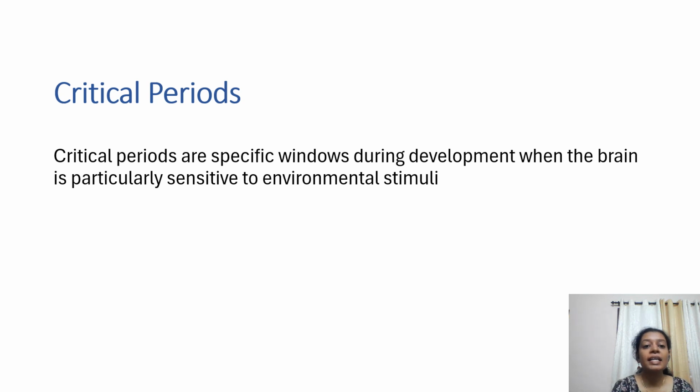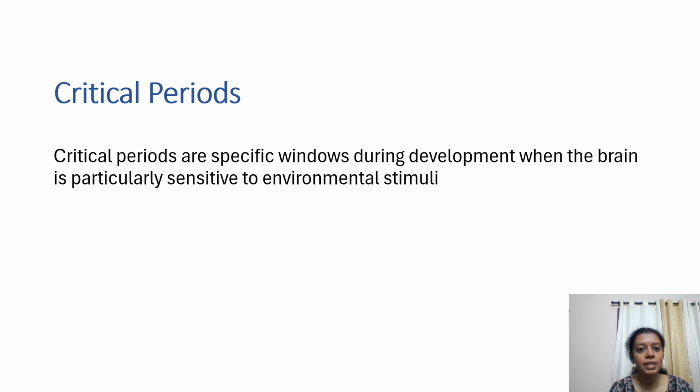And coming to critical periods, critical periods are like golden windows of time in early development, when the brain is most open to learning specific skills. For example, early childhood is a critical period for language, where exposure to words, sounds, and conversation has the biggest impact.